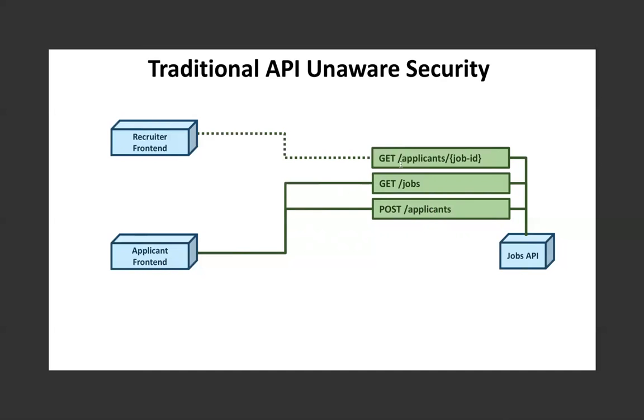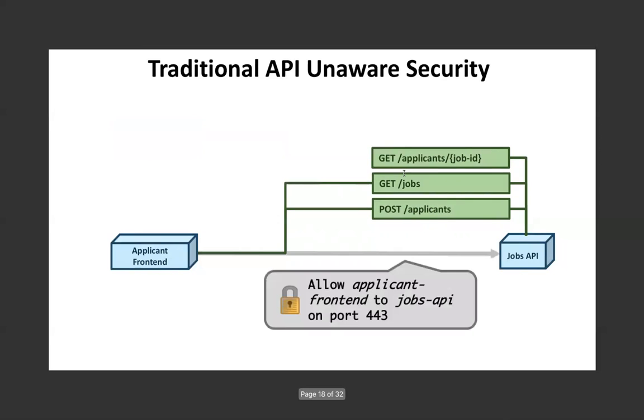It obviously never needs to fetch the applicant's data. On the other hand, the recruiter front end needs to access all of these API calls, including get applicants. Obviously, the recruiter needs to know who applied to these jobs.